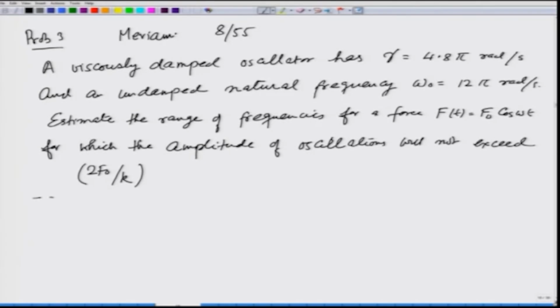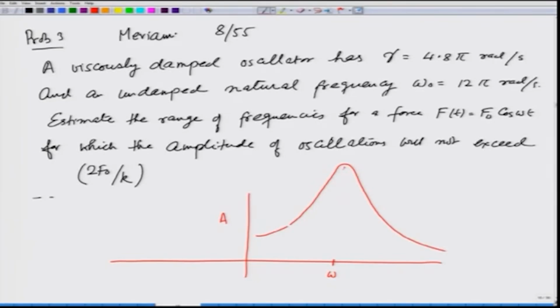So, let us see what this problem means. You recall when I apply a frequency omega, the curve that gives the amplitude goes something like this. It is maximum near omega 0, and then the amplitude starts going down.